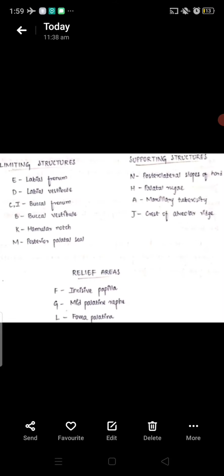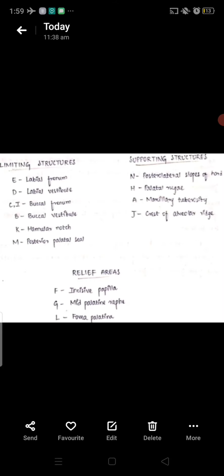What is the difference between primary and secondary supporting areas? Primary supporting structures resist the perpendicular forces, and secondary supporting structures resist the horizontal forces.